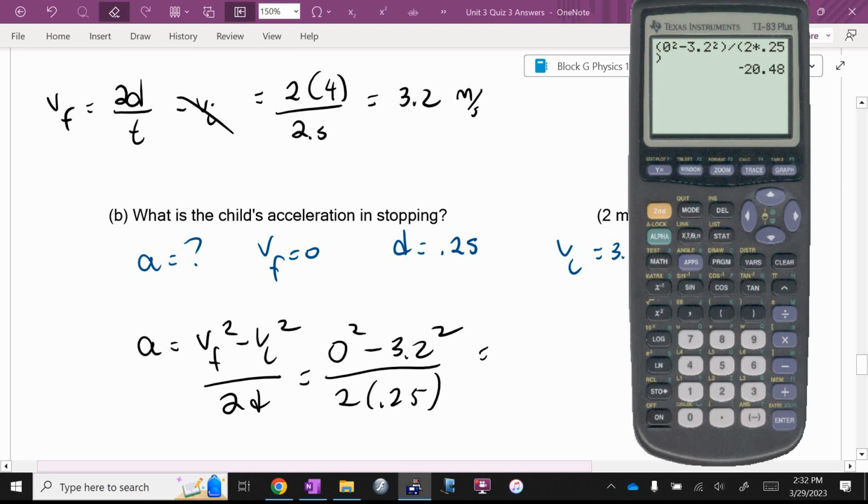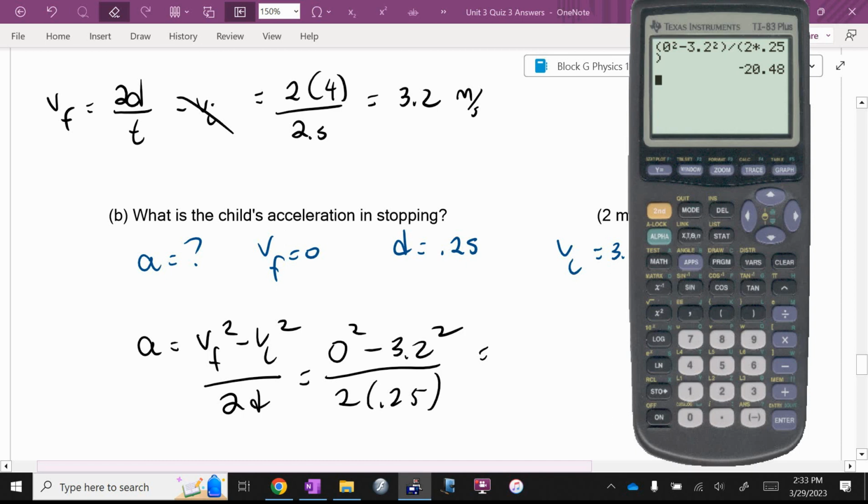Why did I get a negative answer? When this person hit the ground, did they speed up or slow down? Okay. Or if you had decided to let down be positive, you would get a positive answer because you're technically accelerating up when you hit the ground, technically. So I would take either as long as you were consistent.